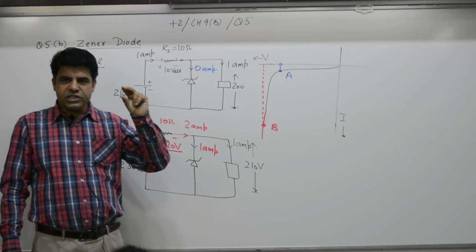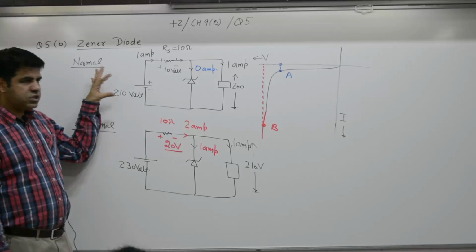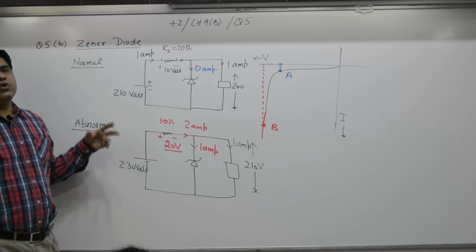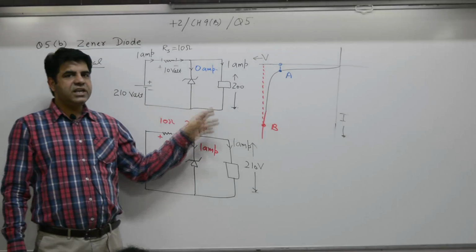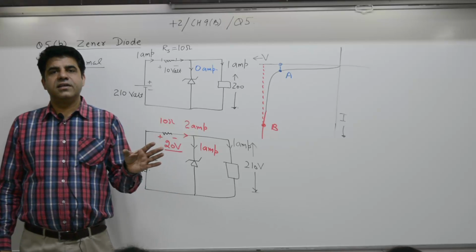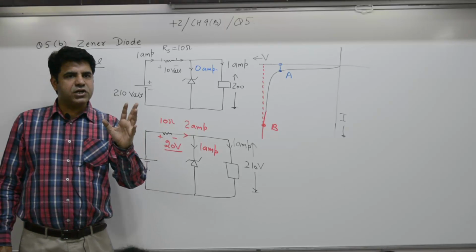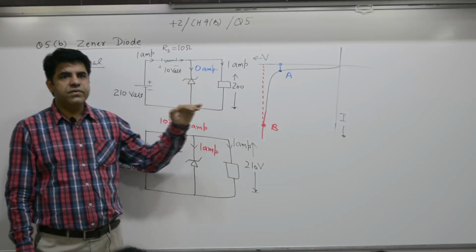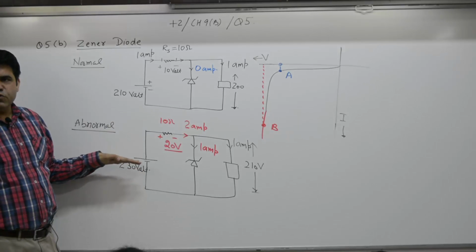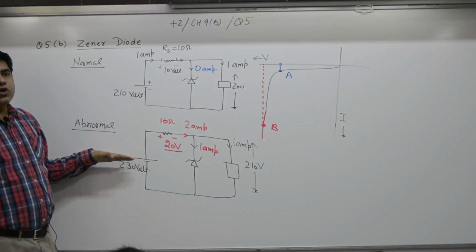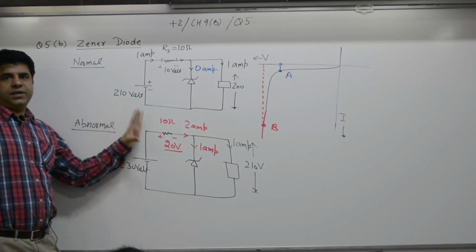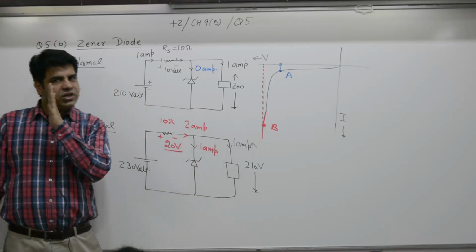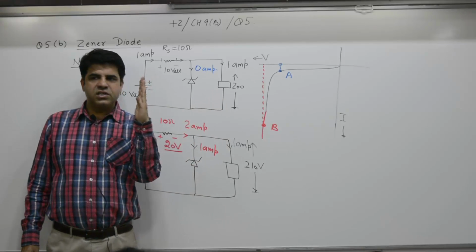So extra voltage shock on input side is 20, 210 to 230, 20 volt increase. But across the device the voltage has increased only by 10. So it has not reduced the impact to 0, it has reduced it to half. Voltage shock, extra voltage is 20 volt on input; here the voltage has increased from 200 to 210, half. So it has reduced the shock to half.